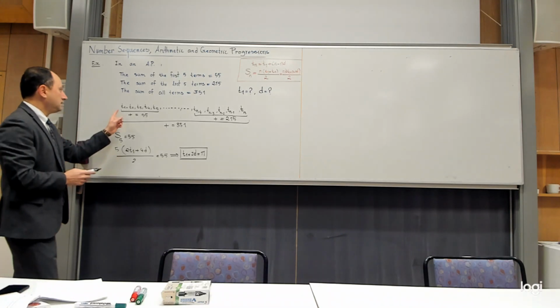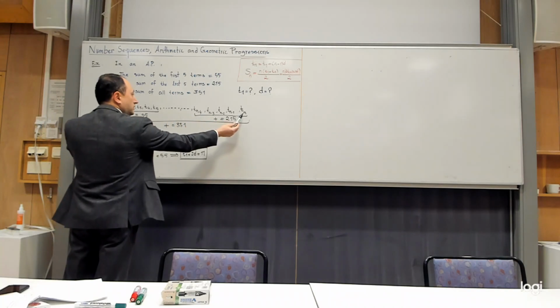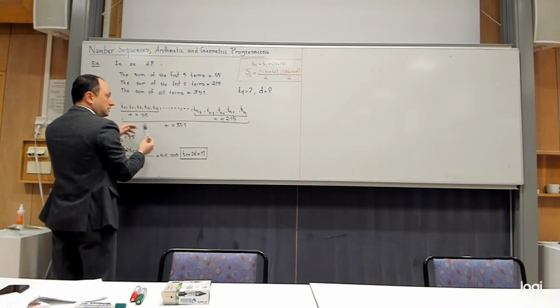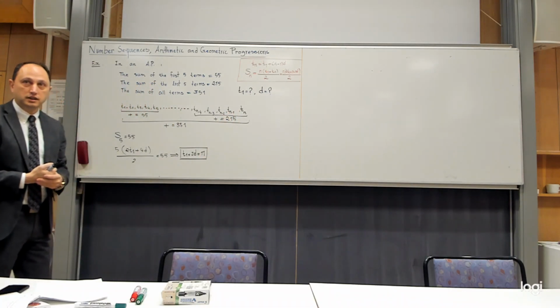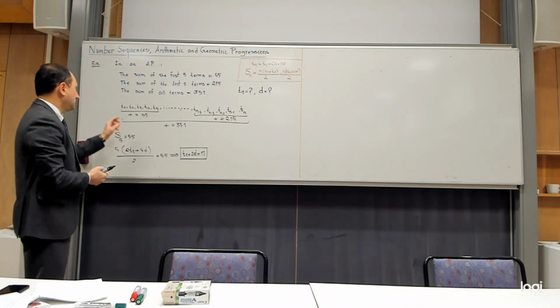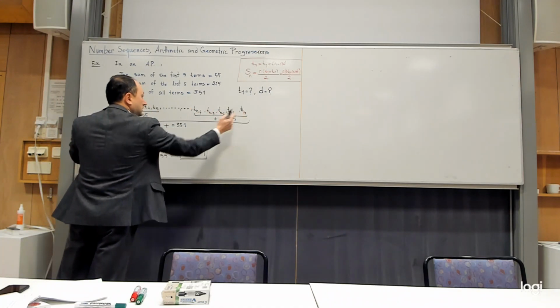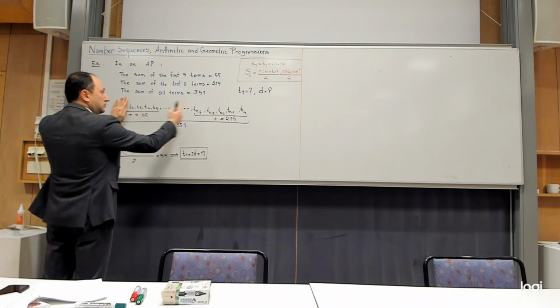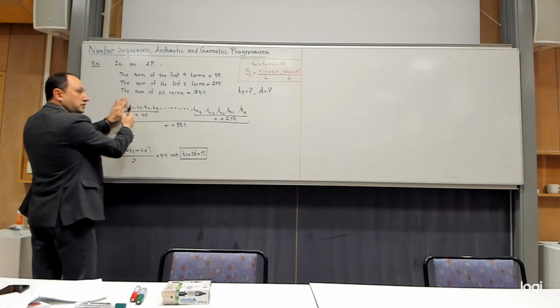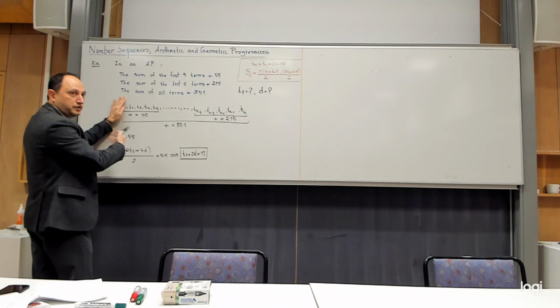Because you see that if the whole sequence is an arithmetic progression, each part of it is also an arithmetic progression, yes? But the point is that this arithmetic progression starts with T1. If I consider this one, it starts with T2, and so on. So the first terms are different.